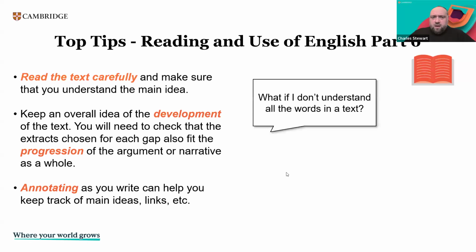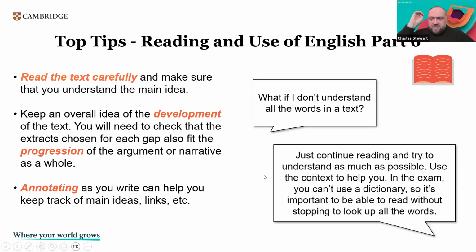Here, a very common question that is often asked, what if I don't understand all of the words? On the C2 Proficiency exam, it is designed in such a way that there will be an occasional word that you will not know. However, do not panic.